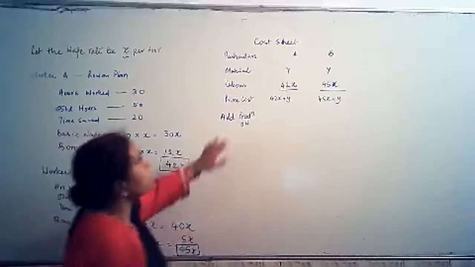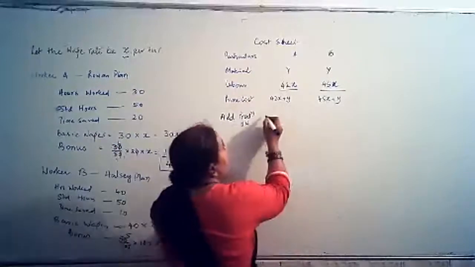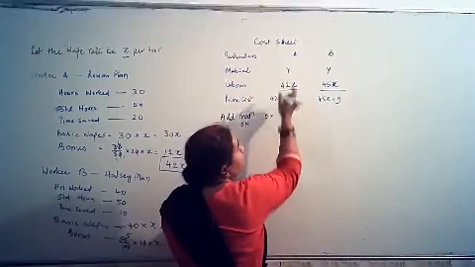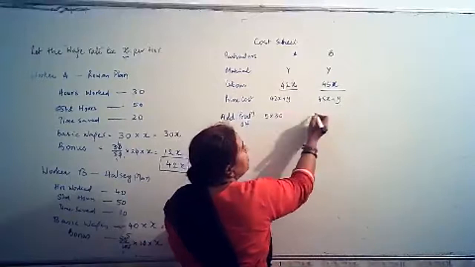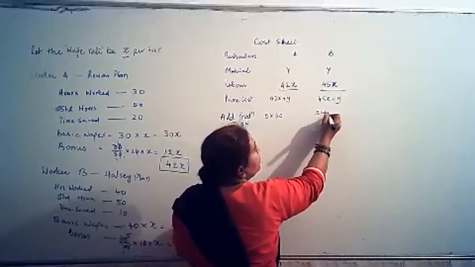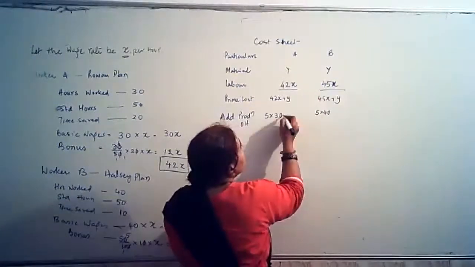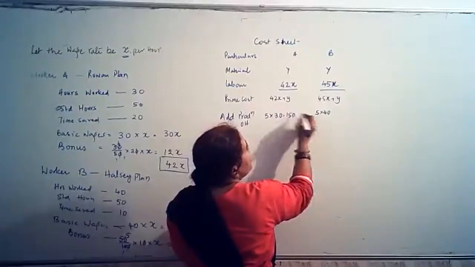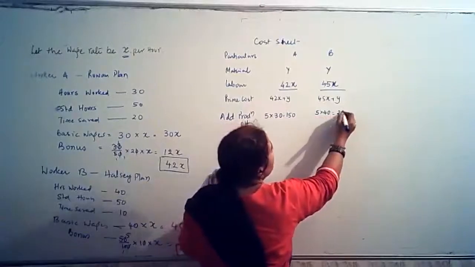So how many hours has A worked? It is 5 into 30 hours for A, and 5 into 40 hours for B. So this comes to 150 and this is equal to 200.